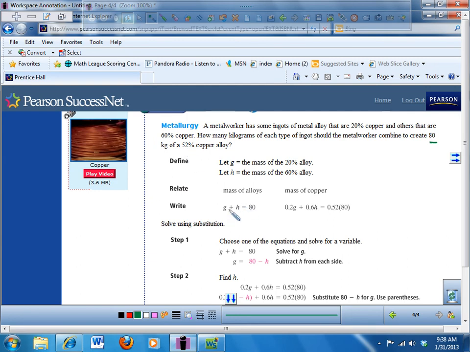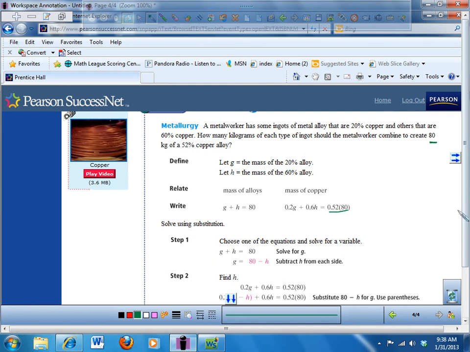So what you want to know is how much of each one of those do I need in order for that final mixture to be 52%. So what you do is you go 0.2 times G, because that's the amount of 20%, and 0.6 times H equals 0.52 times 80. This is what a lot of you guys forgot to do on that quiz. You forgot to multiply this part by what percentage you want. So these are your two equations.